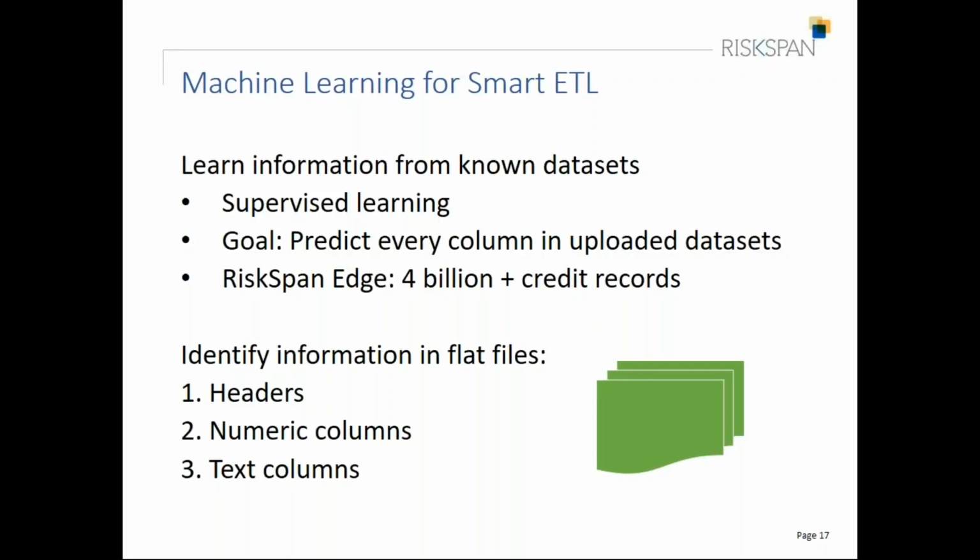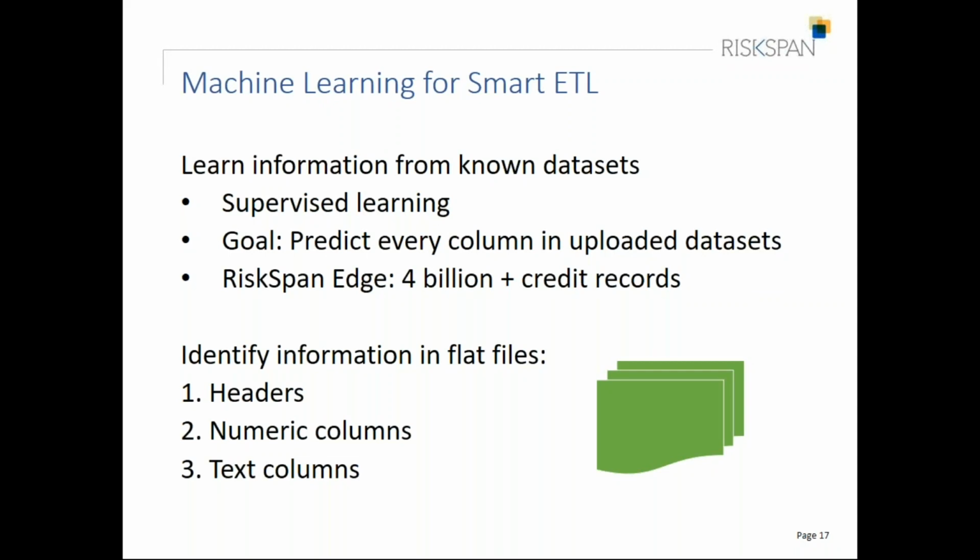The great thing about this data is that we've gone through a lot of work to normalize it and learn from it, so we're confident that we know what the headers and columns in these files should be. And since we know the truth record, we can construct our target, which is the actual column identity, and we can build out this solution.